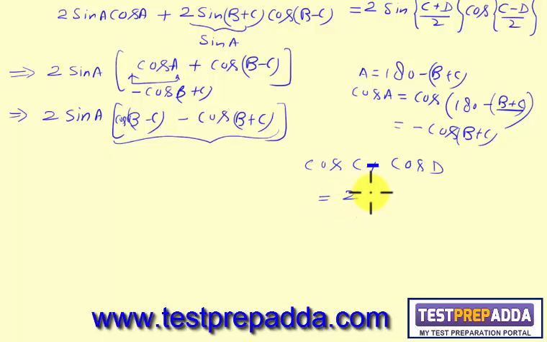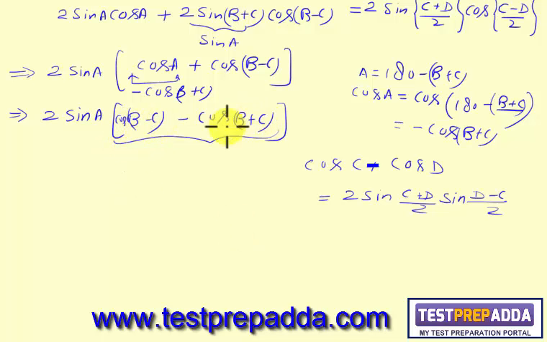It is 2 sin((C+D)/2) into sin((D−C)/2). Recall the formula. So what will you say here?